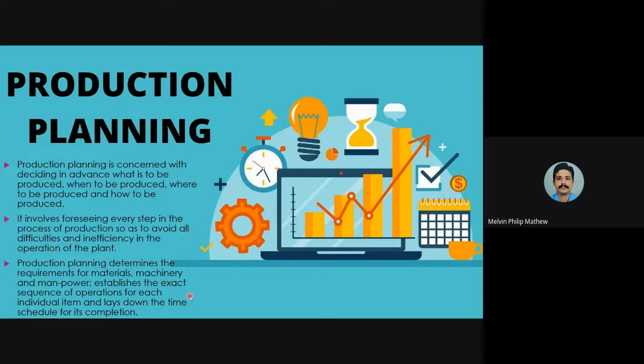Okay, so when an industrial plant is set up, various departments handle various jobs to finish a particular product. One department may deal with the designing of the product. One may deal with the prototype testing.